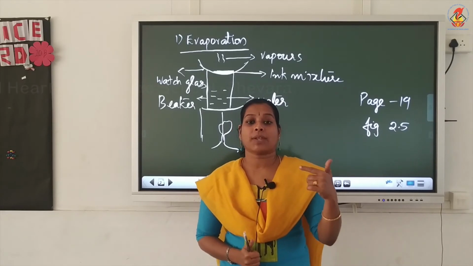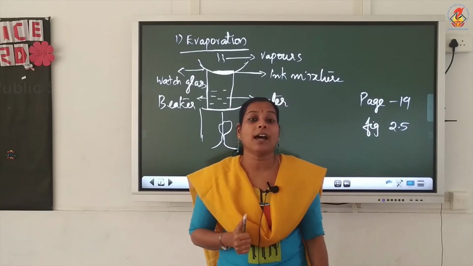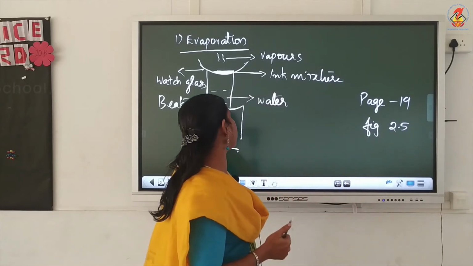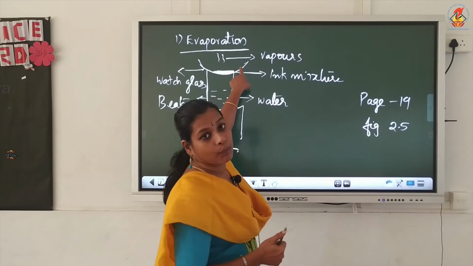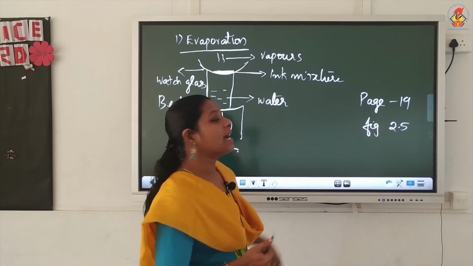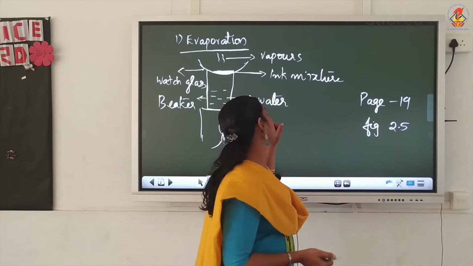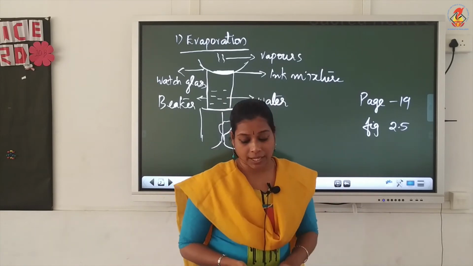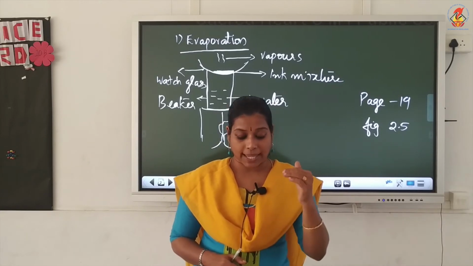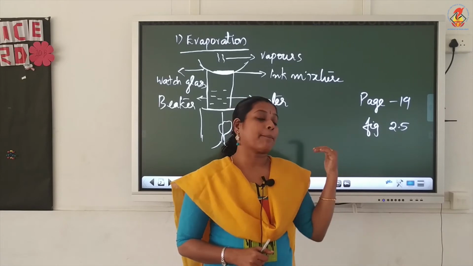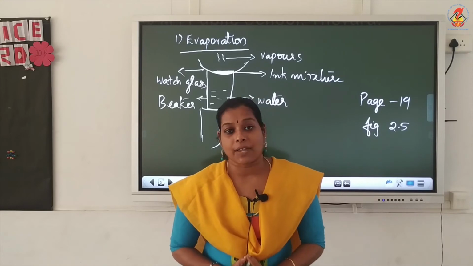So such a mixture we heat indirectly by keeping it on top of a water beaker, so that heat energy from the water is absorbed for the water content in the watch glass to vaporize, leaving the solid material there. This is the first method, evaporation, and ink is a mixture of dye in water, so we can separate the solid component of ink by evaporation.